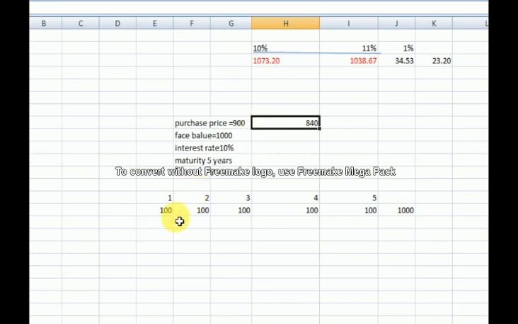Look at it, after 1 year I received the 100 interest, but now I sold the bond at 840. So what does it mean?